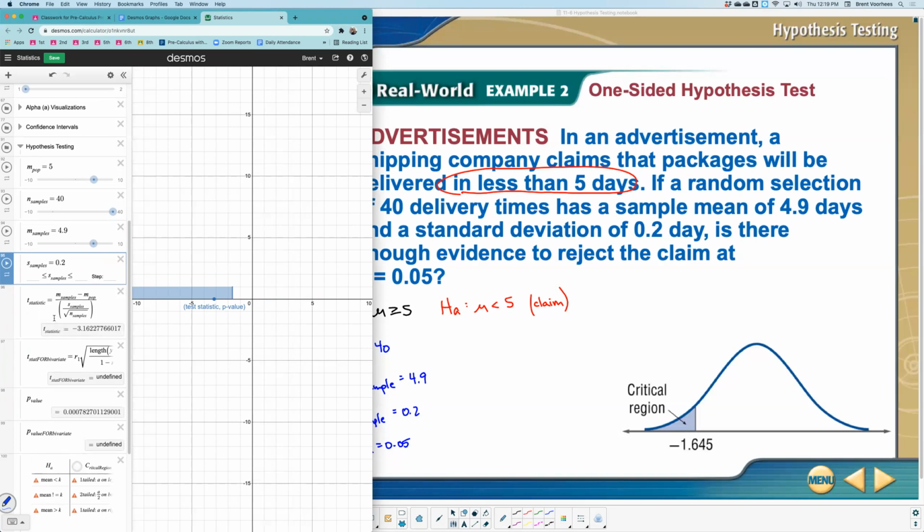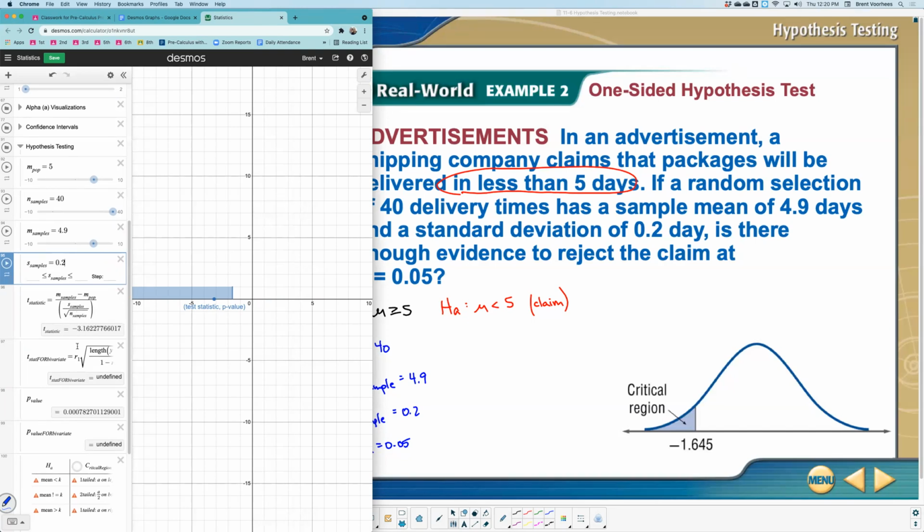On this problem, it's a t statistic. There's a formula for this, and what it does is it takes the mean of the samples minus the mean of the population, and divides that by the standard deviation of the samples divided by the square root of the number of samples, and we get this number.